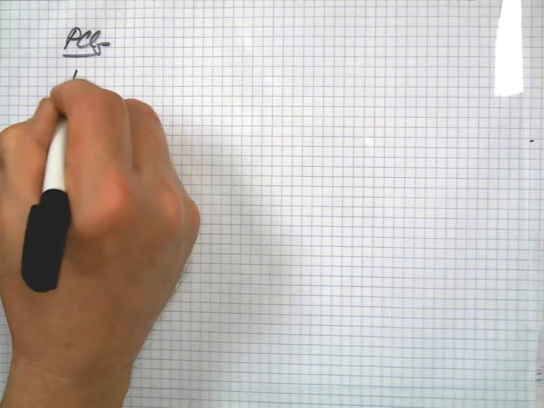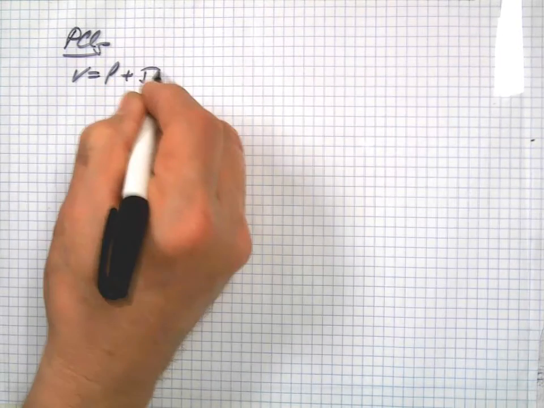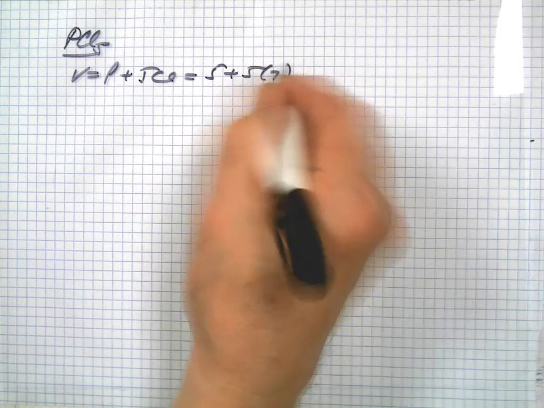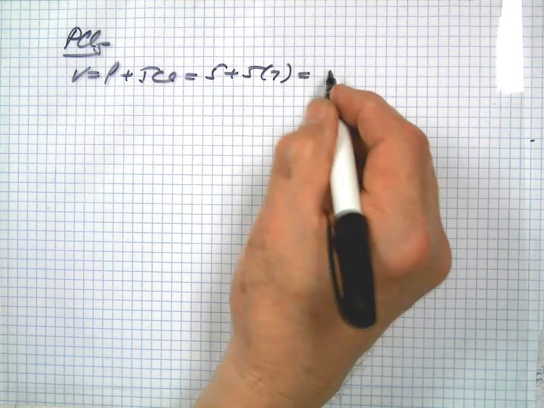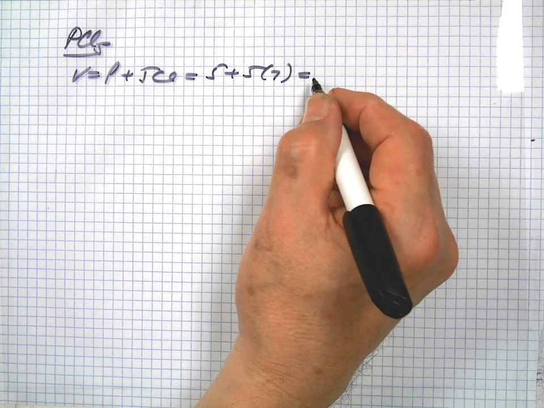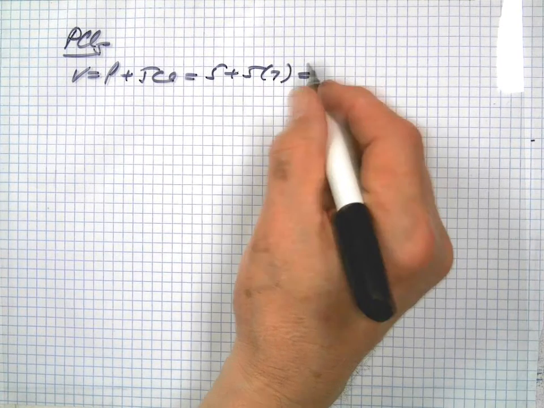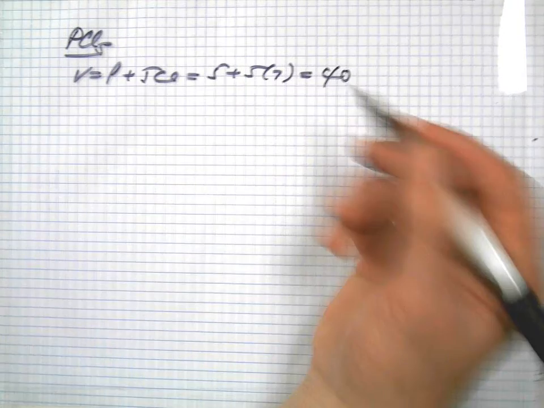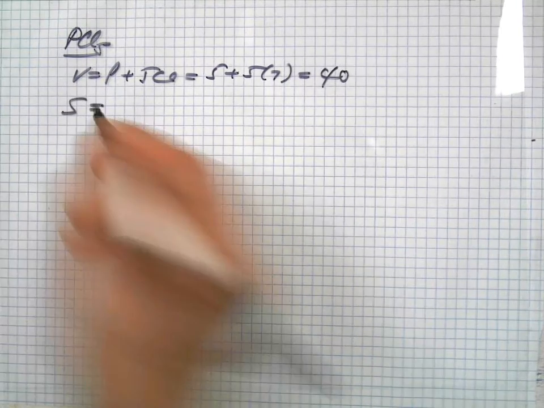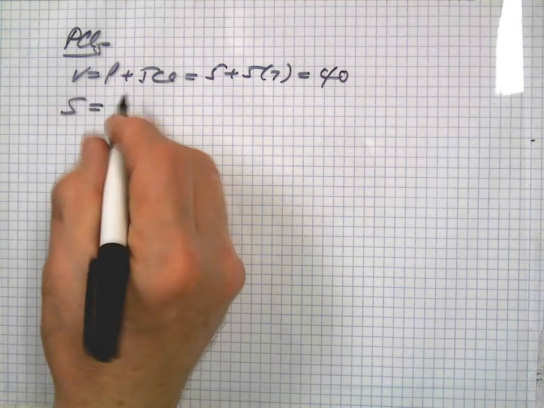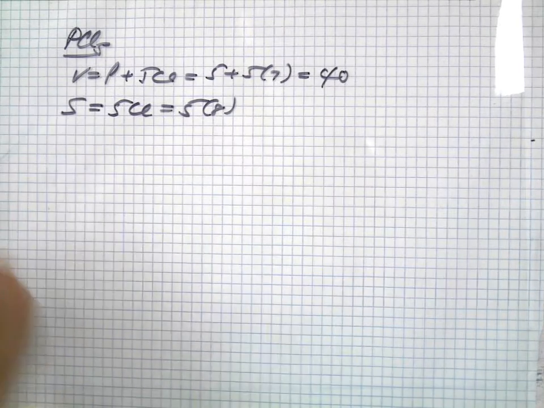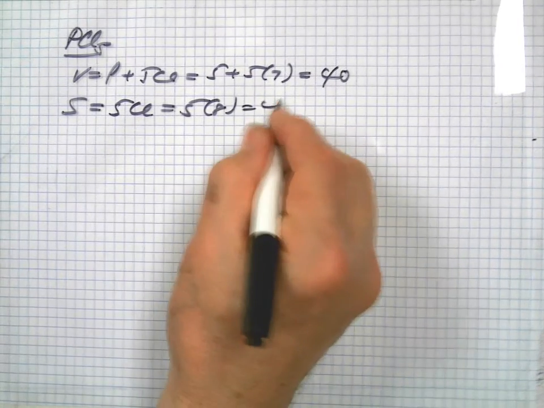PCl5, valence is phosphorus plus 5 chlorides, which is 5 plus 5 times 7, 5 times 7 is 35, so 40. Substrates: you have 5 chlorides, which is 5 times 8 in here, which is also 40.